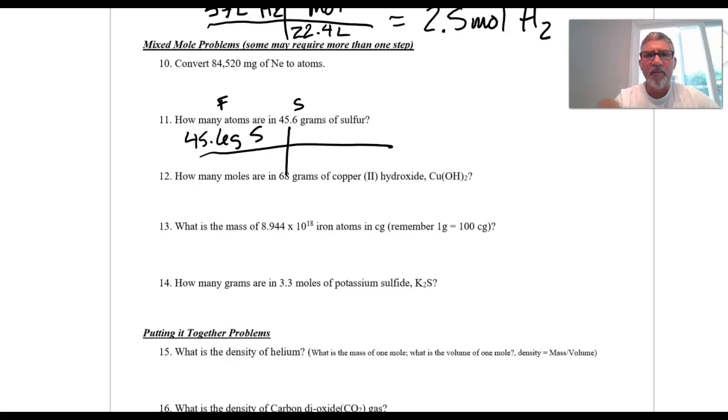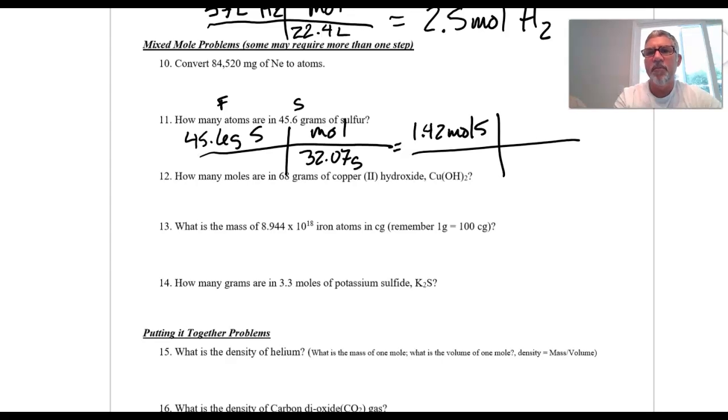So first I'm going to have to go to moles. Right, and we know that the molar mass for sulfur is 32.07 grams. And when I do that, I'll get 1.42 moles of sulfur. And now I'm going to have to go to particles. So this is my first equation.